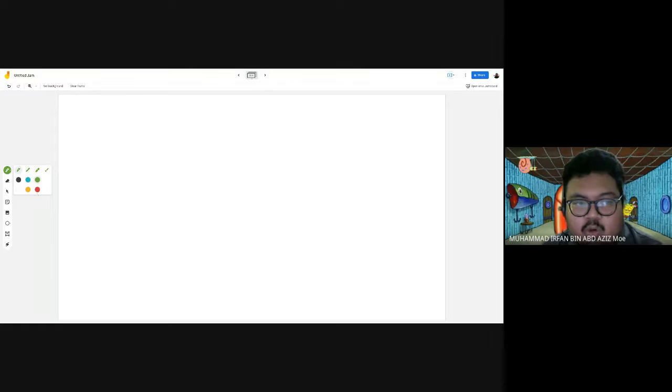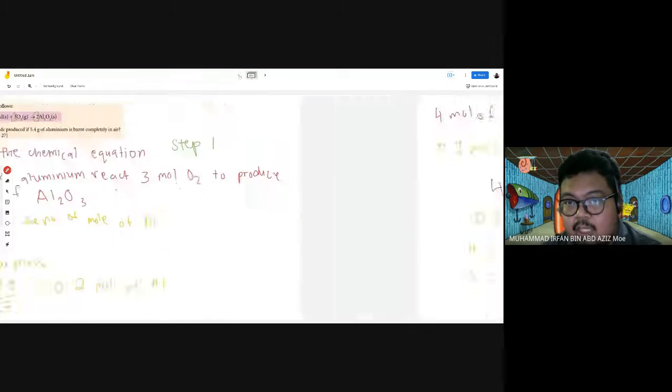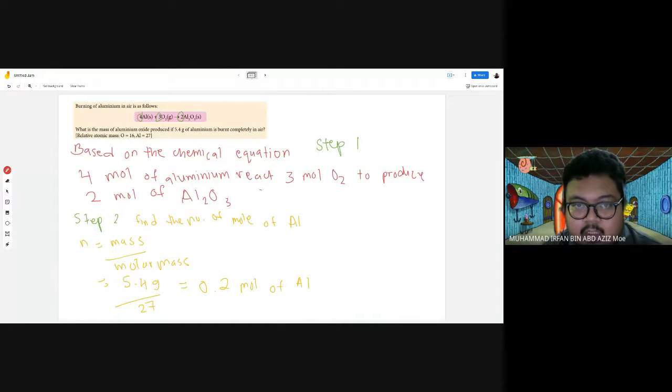Okay, from the chemical equation ni, the ratio dia dah bagi dah siap-siap. It's already given from the chemical equation. But kalau dia tak bagi this, then you need to write the balanced chemical equation by yourself lah.